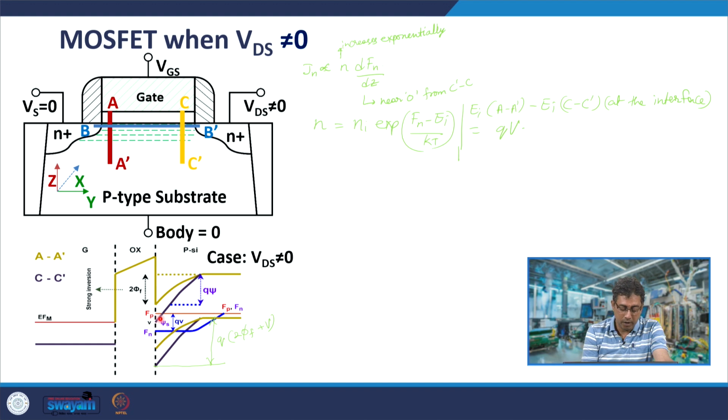Therefore, the quasi-Fermi level of electrons would have moved down by a value qV from where it was at the interface along A prime to the interface along CC prime, and therefore, Fp minus Fn at the interface along CC prime, that is at B prime, would be qV.